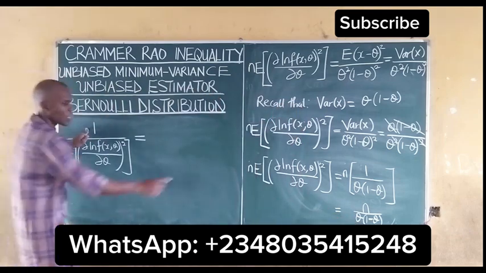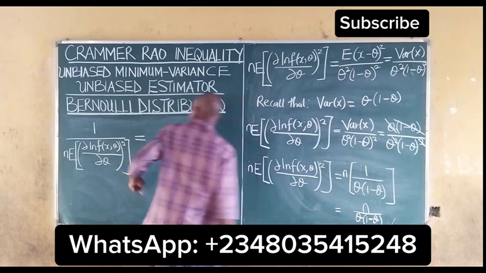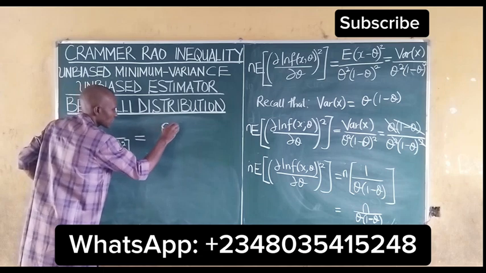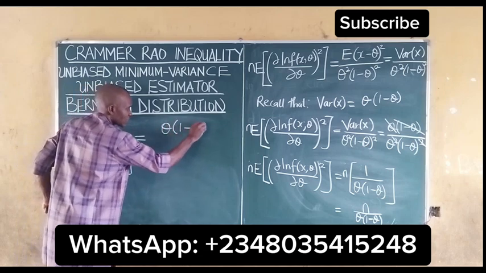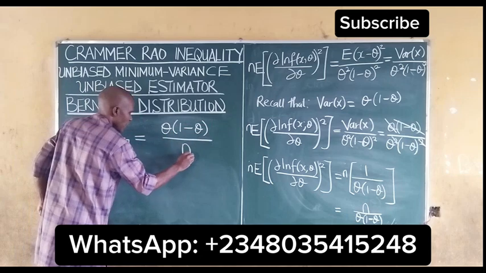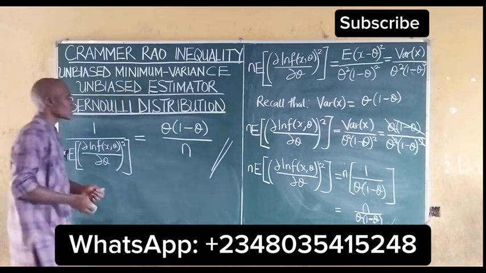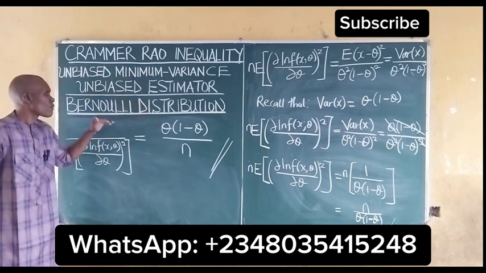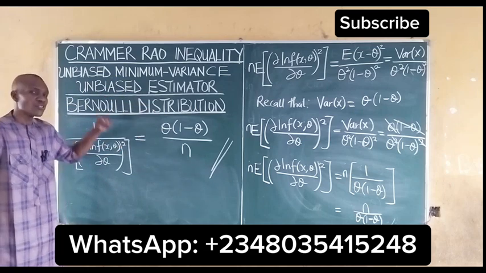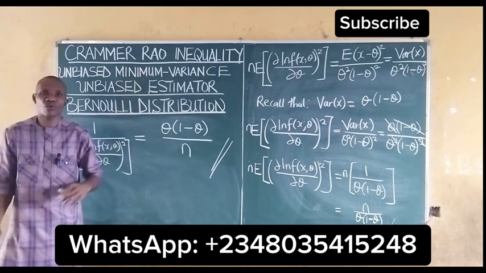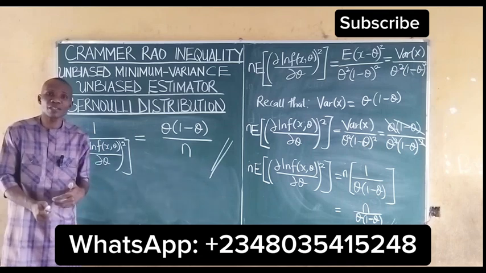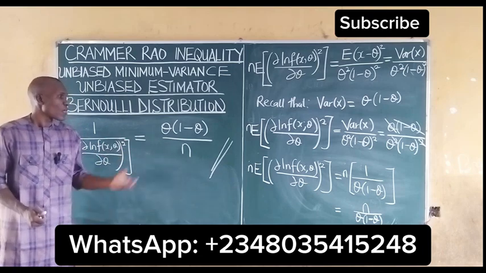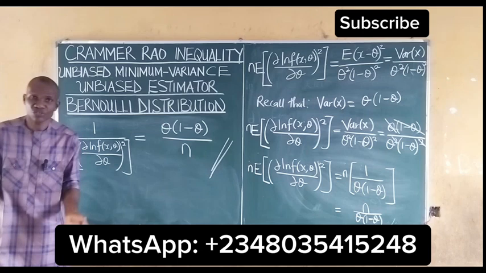If we take the inverse of this, we have theta into 1 minus theta all over n. So this becomes the minimum variance unbiased estimator for the Bernoulli distribution using the Cramer-Rao inequality. This is how we can obtain it.